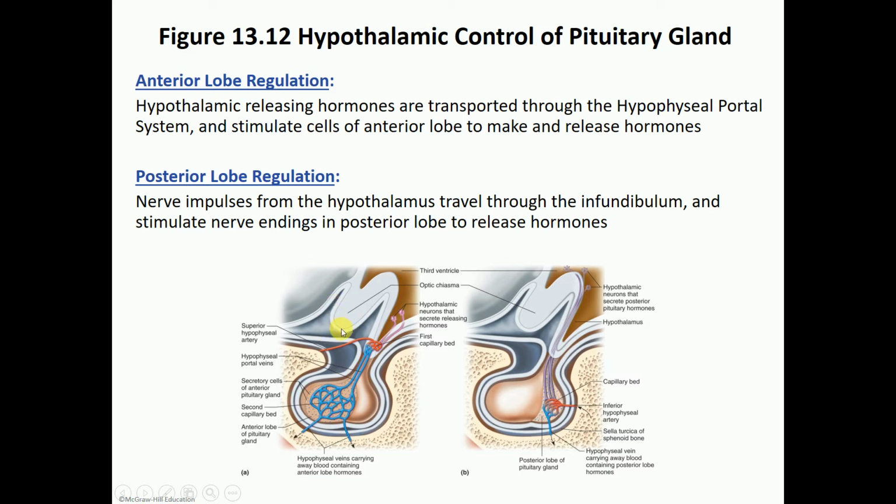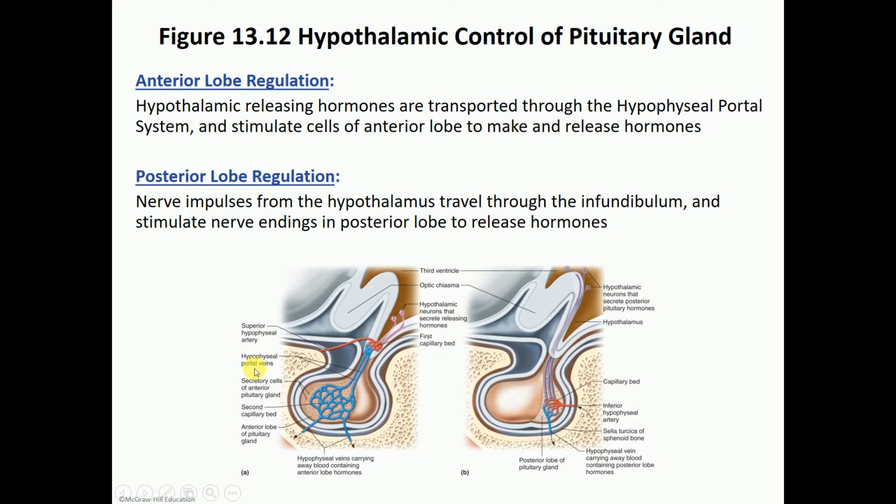So going back to the regulation of the anterior lobe, the hypothalamus is connected to the pituitary gland through that stalk that we called the infundibulum. And you can see blood vessels found in there. Those blood vessels are known as the hypophyseal portal circulation.